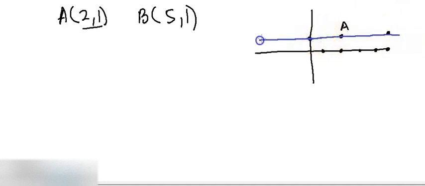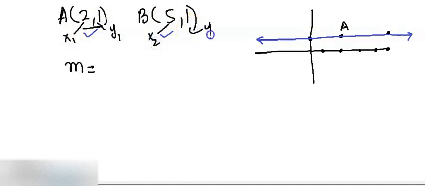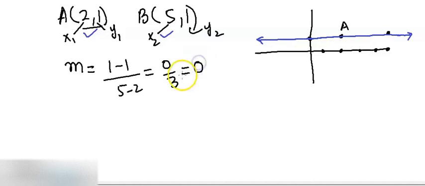We can see that if we plot the line that is passing through the given 2 points, then the line is parallel to the x-axis. Let's try to calculate the slope of this line. Let me call this x1, this y1, this x2, and this y2. So y2 minus y1 is 1 minus 1, x2 minus x1 is 5 minus 2, which is 3, so it is 0 over 3, which is 0.